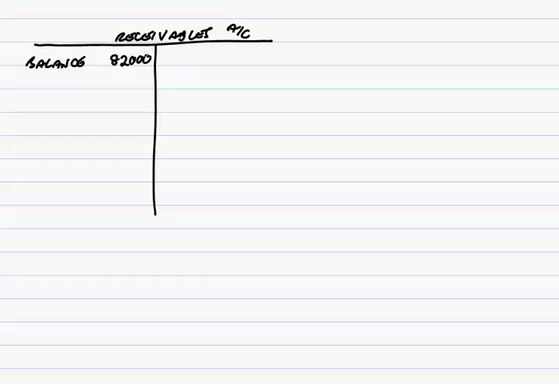Well, let's remove it. It's included in that debit balance of 82. So surely to remove it, we need to credit with 5,000. If we credit with 5,000, that receivable is completely removed.